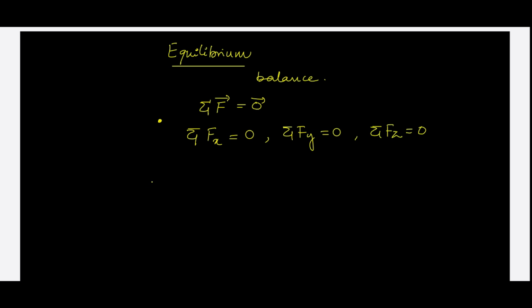So when we have three forces acting on a body, right? Let's say there is a particle acted upon by three forces, 1, 2 and 3. So there are three forces acting on the body, and let's say this is A, B and C. So if you draw the polygon, there is no resultant.